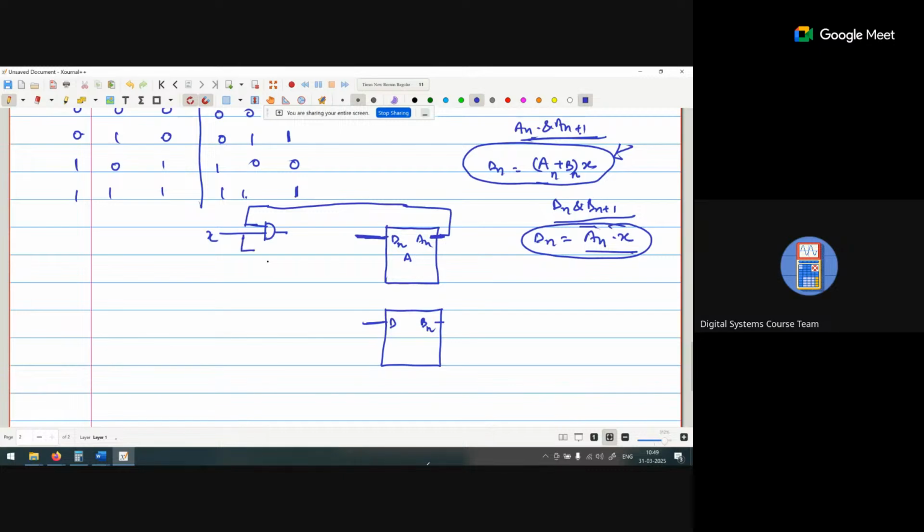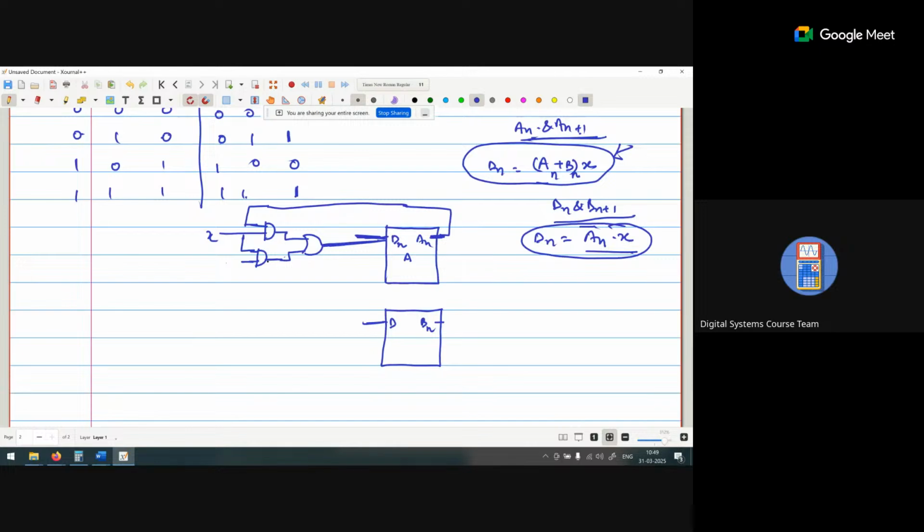This x and Bn, again ANDing, and then ORing of these two. Okay, ORing of these two and use that particularly for this.